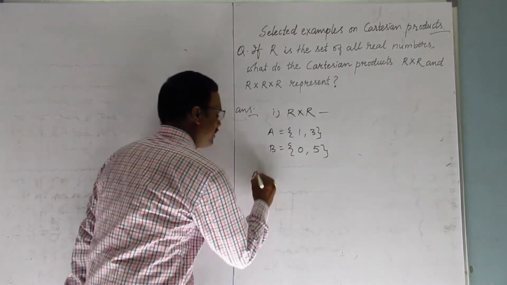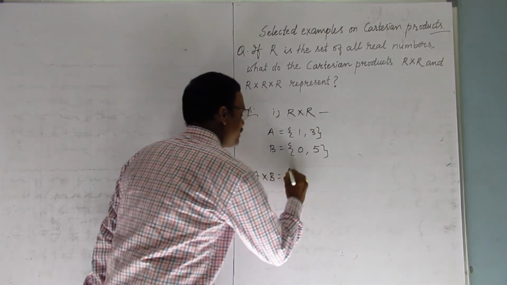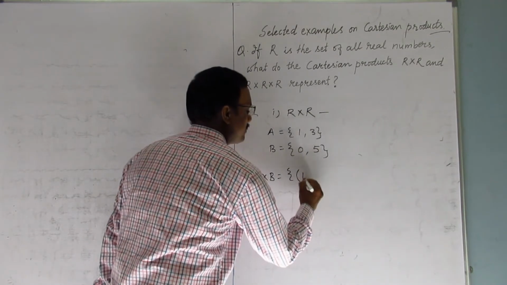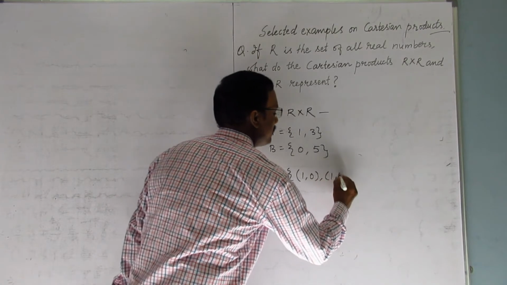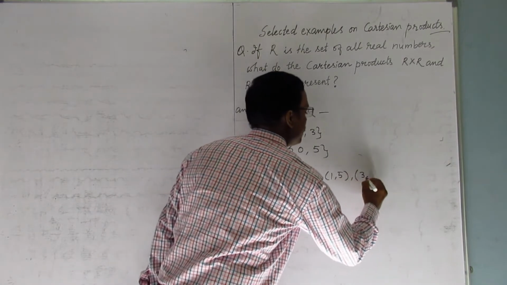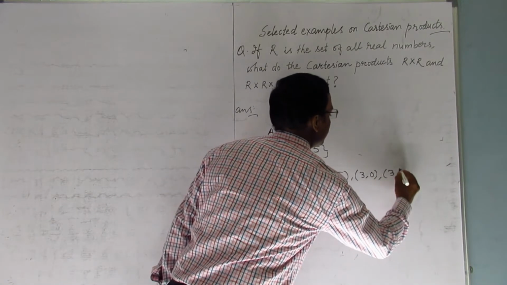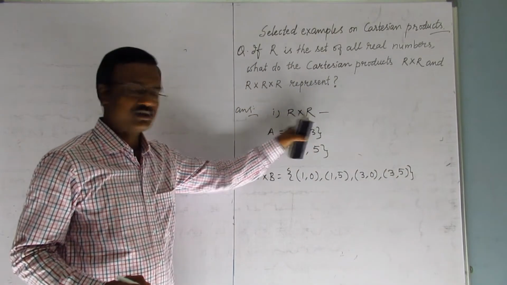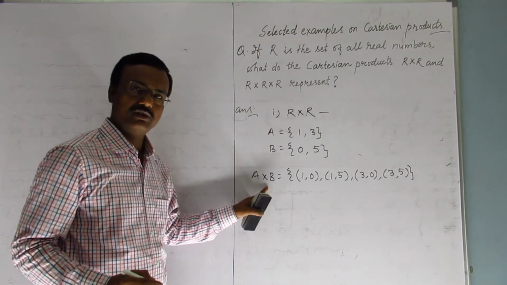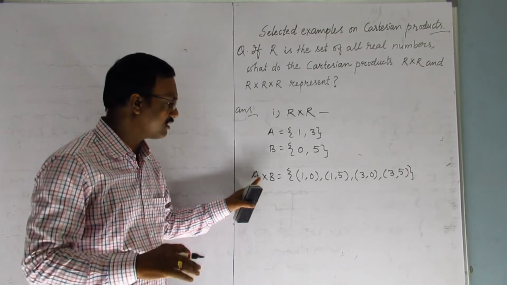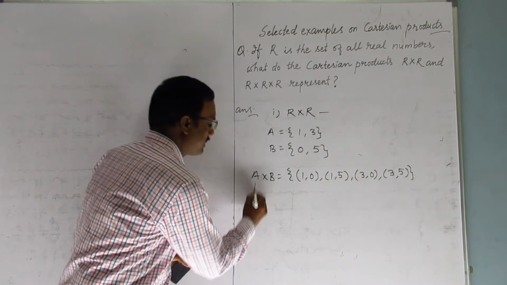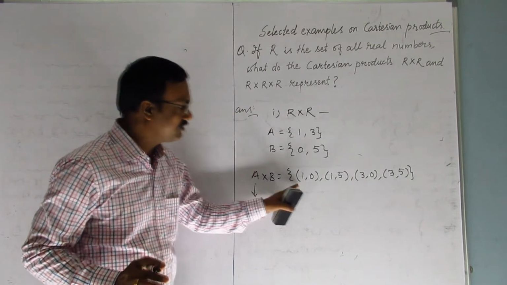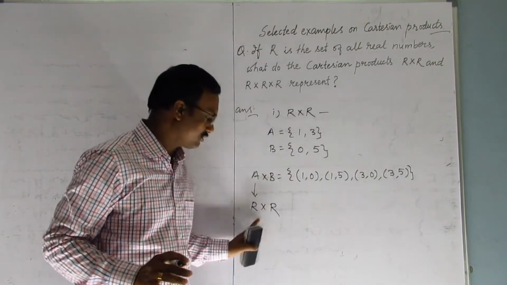Now as you know, if you take the cross product of these two sets, what kind of elements do we get in the set? So this is (1,0), (1,5), (3,0) and (3,5). That means R cross R is similar to A cross B in this case, because A is from R, B is also from R. So these are the kind of elements in R cross R.